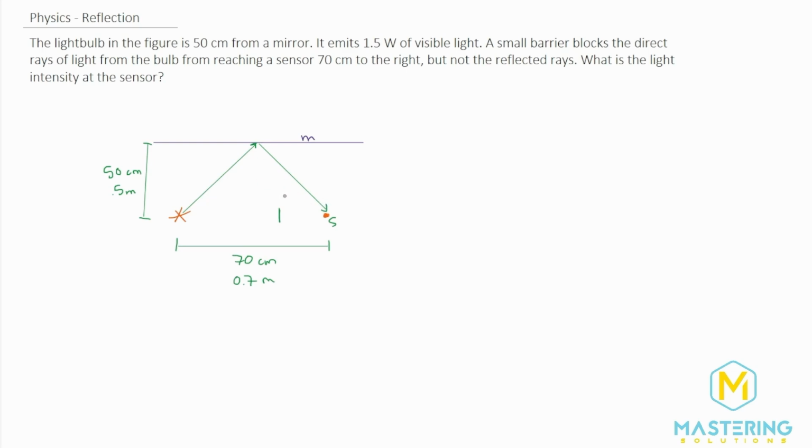I say it's exactly halfway because we know that the angle of incidence is exactly equal to the angle of reflection. If it was anything other than halfway, it would be short, or it would be too long for the sensor and it wouldn't hit it in the right spot. And so the light is being reflected halfway.